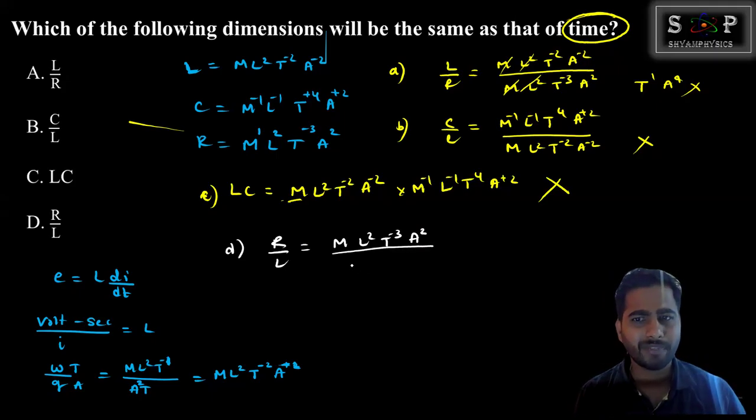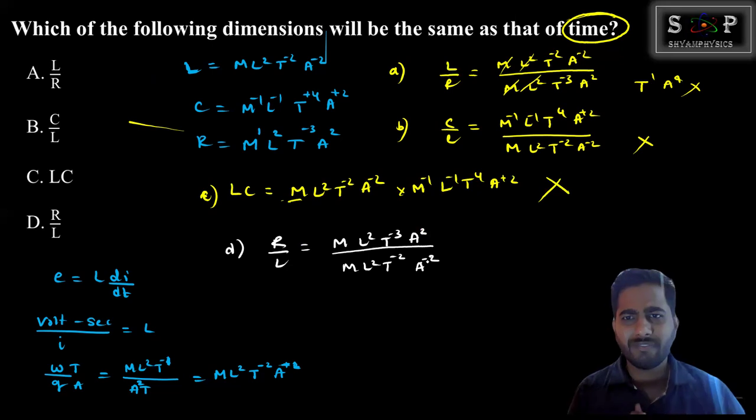Check once. Inductance, where is it? First one, m L to the power 2 t to the power minus 2 and a to the power minus 2. So it is also not matching. Where did we make a mistake then? Here also m cancels, L cancels. t to the power minus 1 is coming, a to the power 4 coming. The answer came here as a to the power 4, wrong.